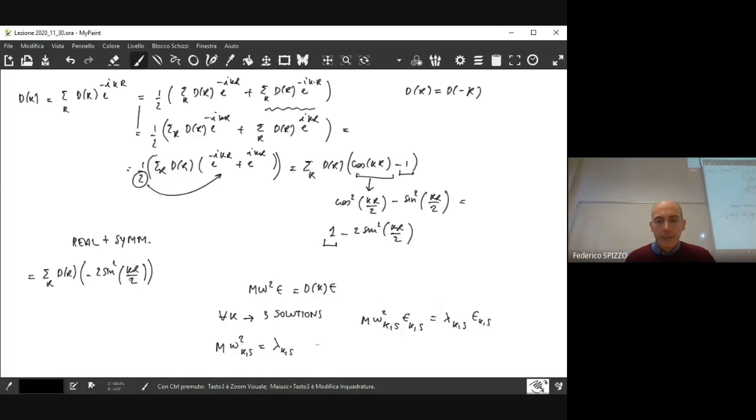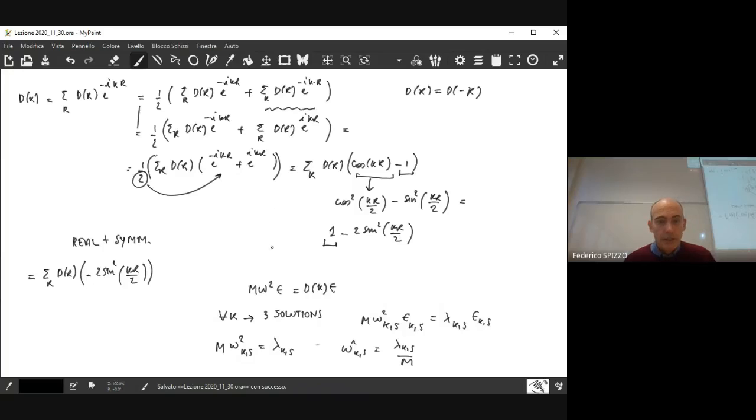So the wave vector dependence comes from lambda, and so lambda again depends on the wave vector. So we have a relationship between omega, the frequency, and k. So we have omega squared k s is equal to lambda k s divided by m.